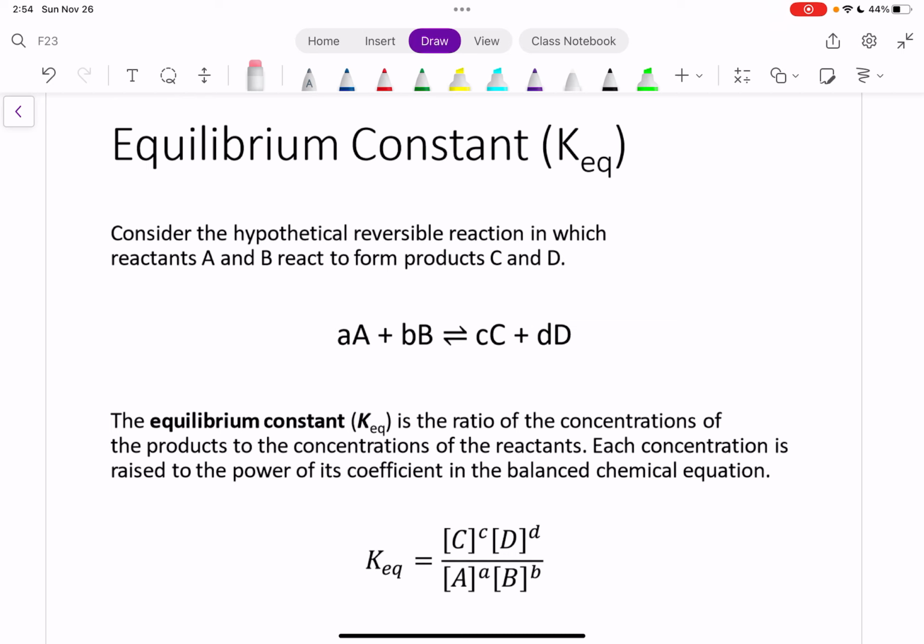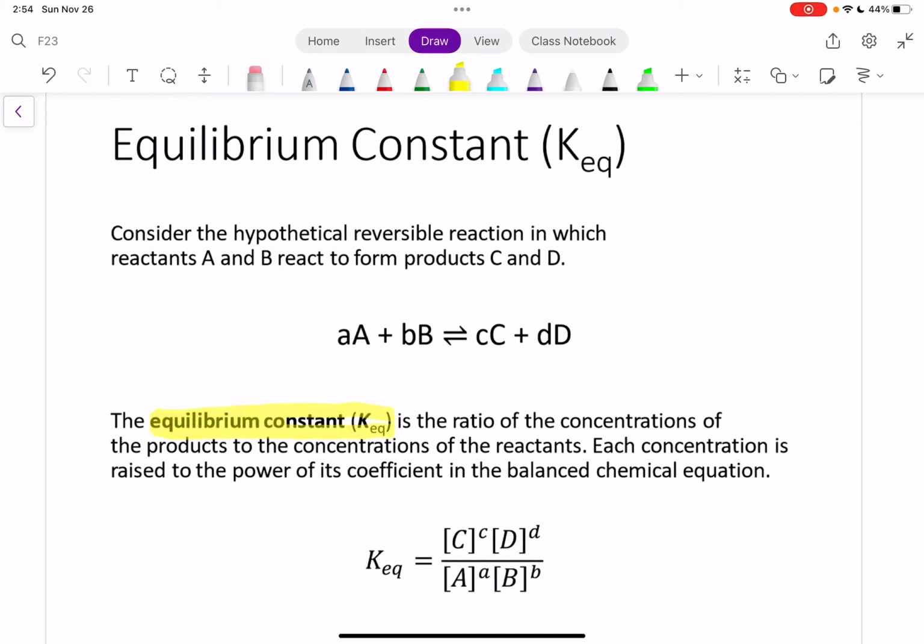So the equilibrium constant allows us to see, at equilibrium, when the rates of the forward and reverse reactions are the same, what is the ratio of my products to my reactants? How many products do I have at equilibrium versus how many reactants do I have? A way that we can express and quantify that is using something called the equilibrium constant.